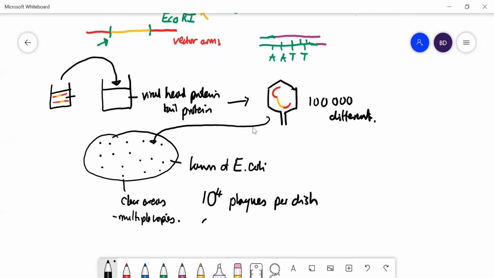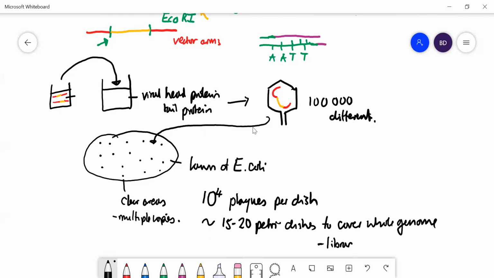And that means you need about 15 to 20 Petri dishes to cover the whole human genome. And that is your library. It's like a little library, instead of books, it's a library of phages. And each phage has got a little different bit of human DNA in it.